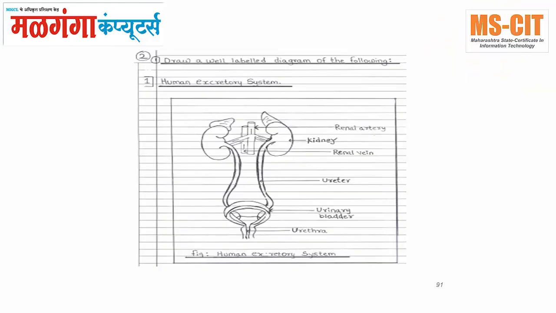If some labeling is on the other side, there is no problem. Use a proper dark pencil. See, the proper box is there, and under that box the figure is drawn.